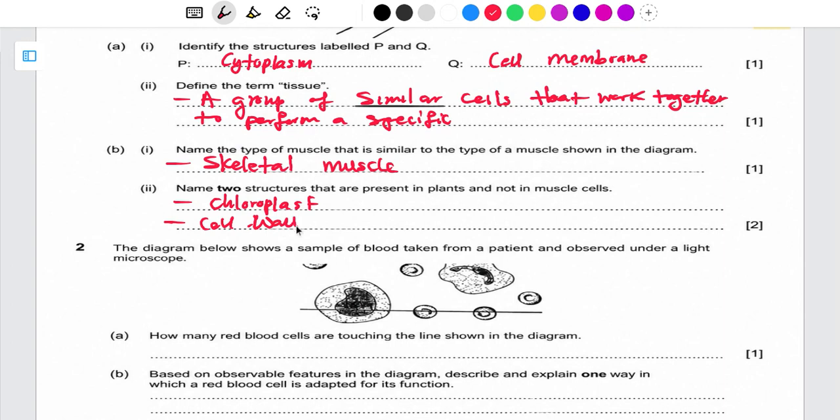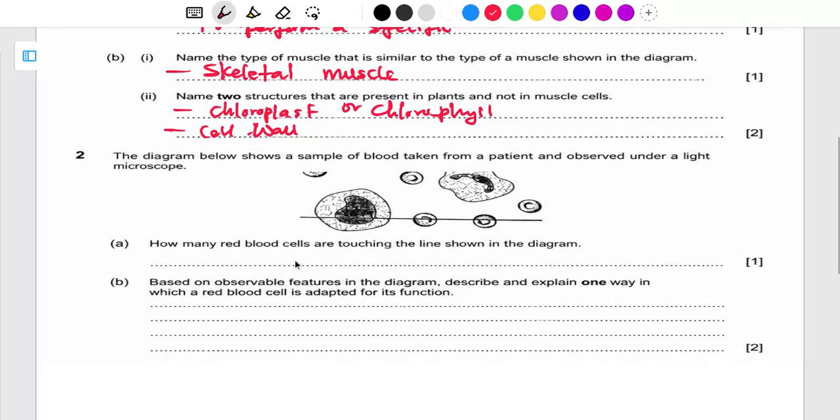A vacuole can be present in an animal cell, now in a small amount. So the first priority answers they are going to look for here are chloroplast or chlorophyll, as well as the cell wall.